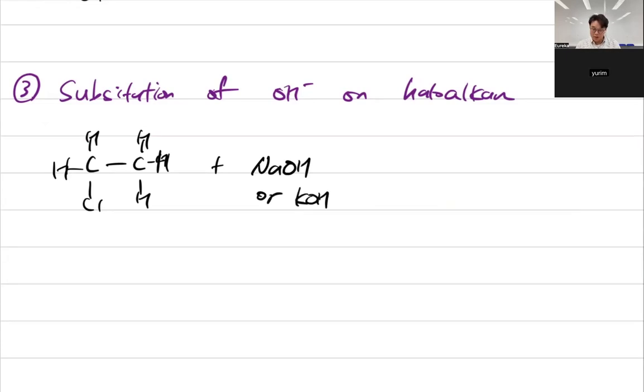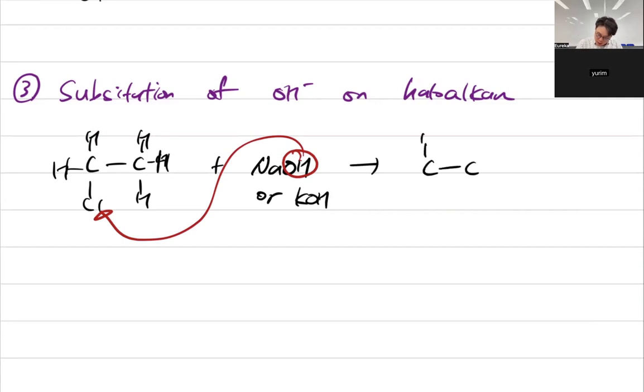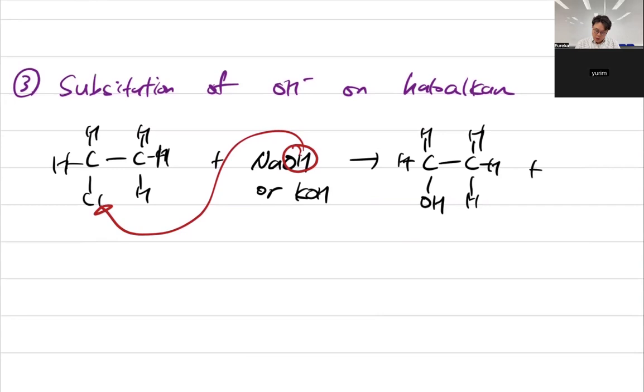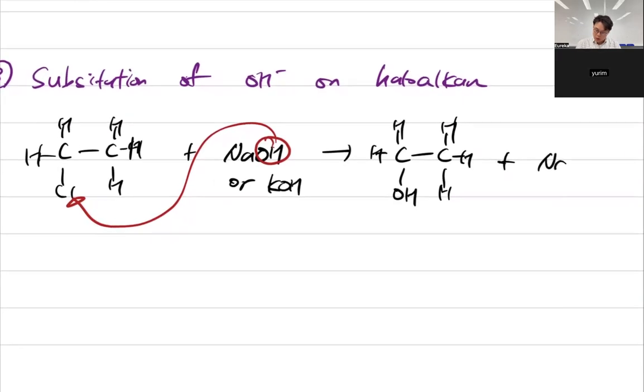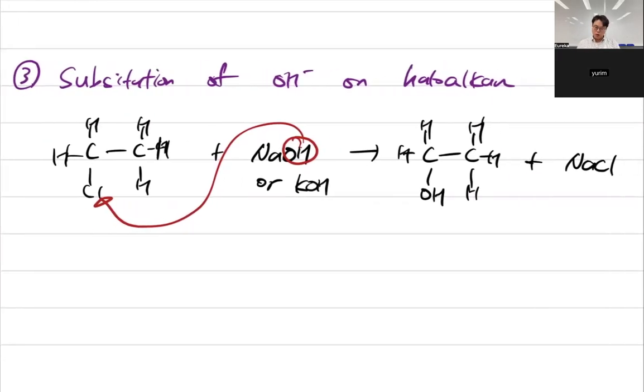We generally use sodium hydroxide though. So when this is reacting, hydroxide takes the place of the chloride. Chloride is replaced by the hydroxide, becoming ethanol again, or just the alcohol with the functional group. And the remainder would form the salt, NaCl.